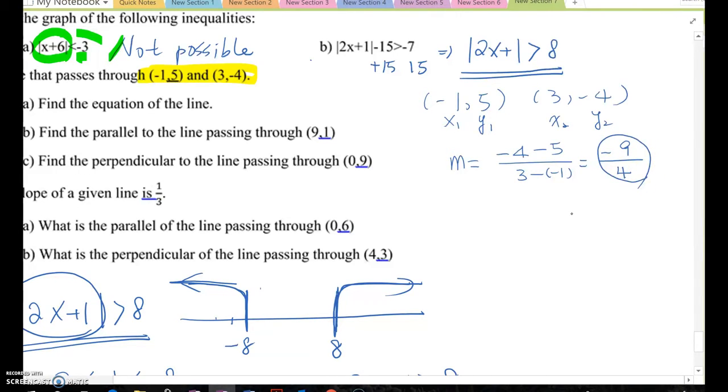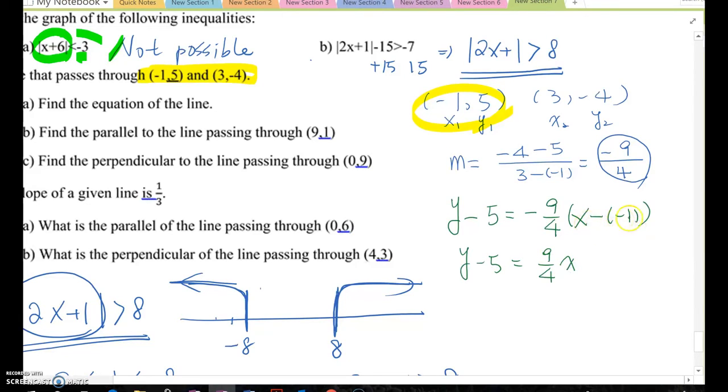Now we need to find the equation of the line, so I'm going to choose either point. Let's choose this one. Then we can do y minus y1, which is 5, equal to negative 9 over 4, and then x minus negative 1. So y minus 5 equals negative 9 over 4 x, and then it becomes plus 1 actually, so minus 9 over 4 again.